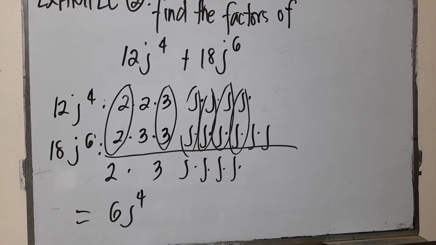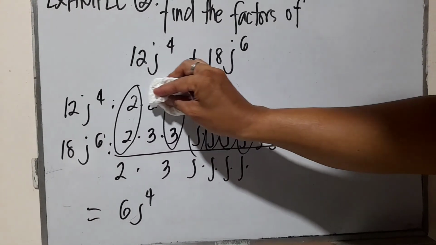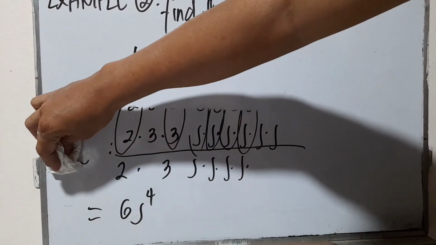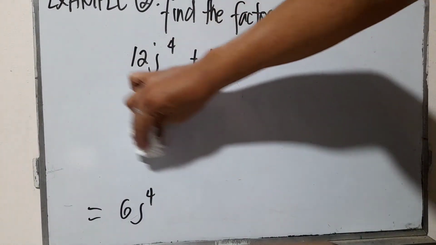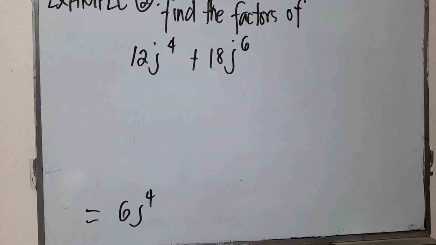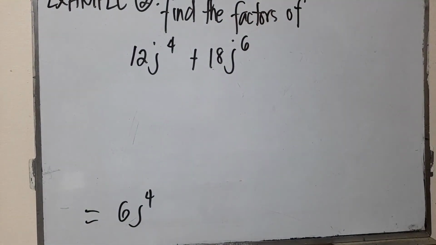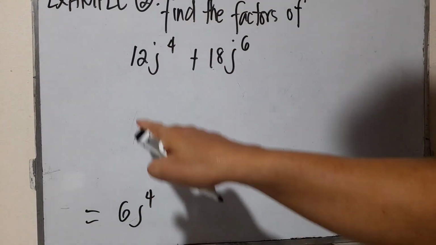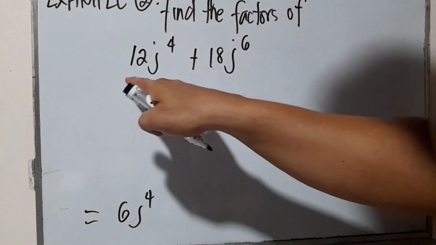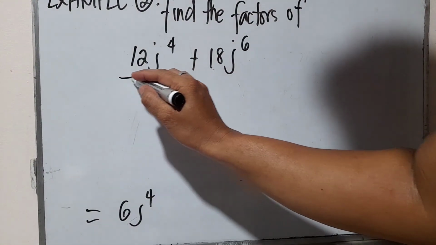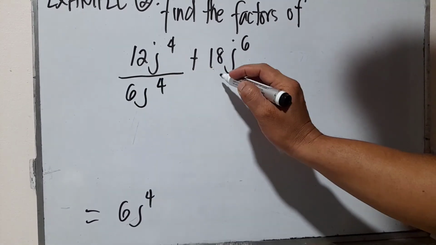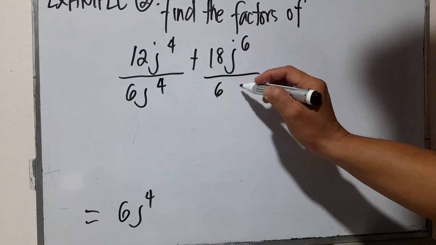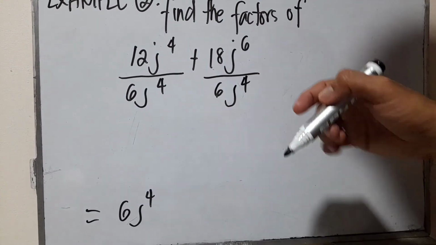Okay. So after we get the greatest common factor, to get the factors of this polynomial, we divide the polynomial by 6j to the 4.